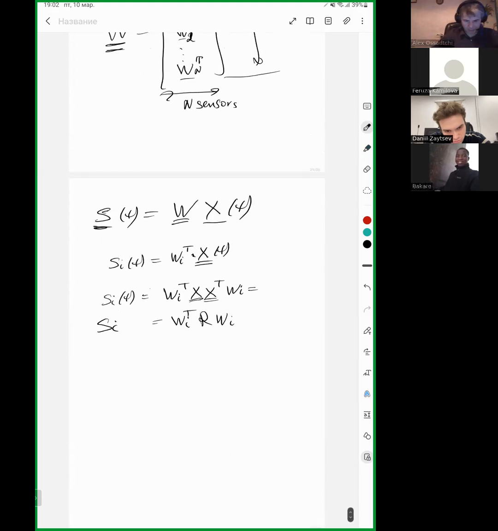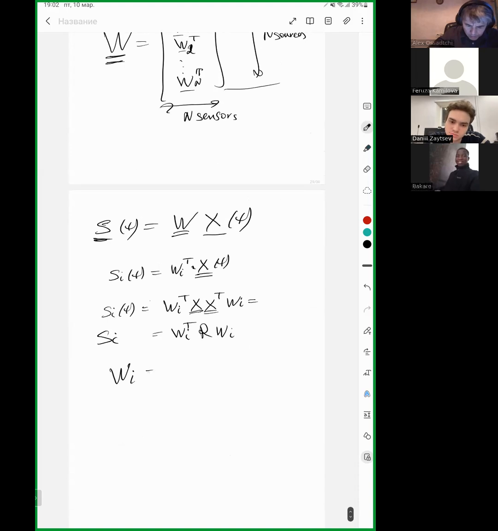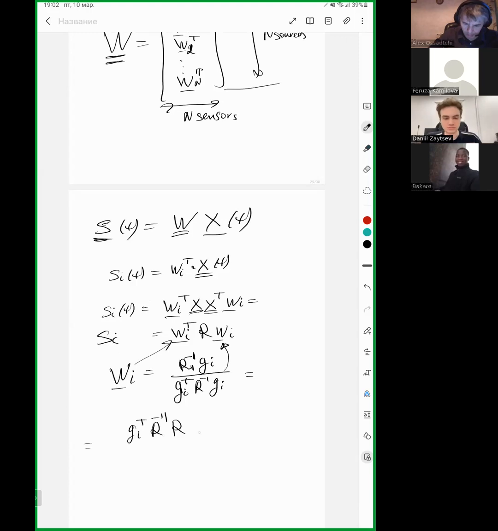Now let's see here. You know that W_i is R minus 1 g_i divided by g_i transpose R minus 1 g_i. Substitute this into here, because that's W. So g_i transpose R minus 1, R, and then R minus 1 g_i, agreed?